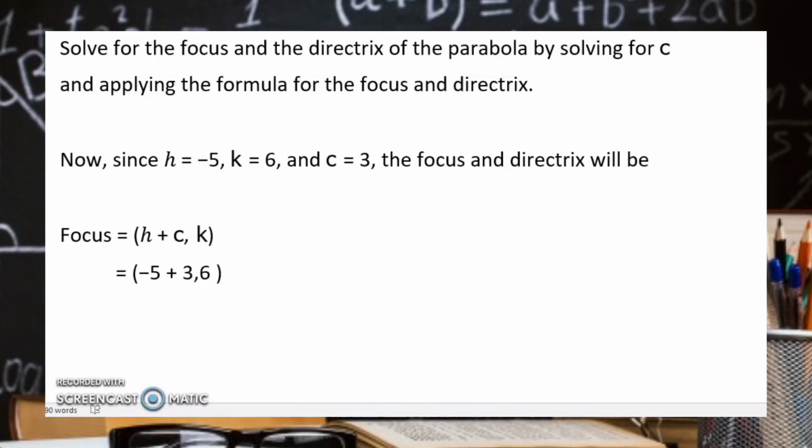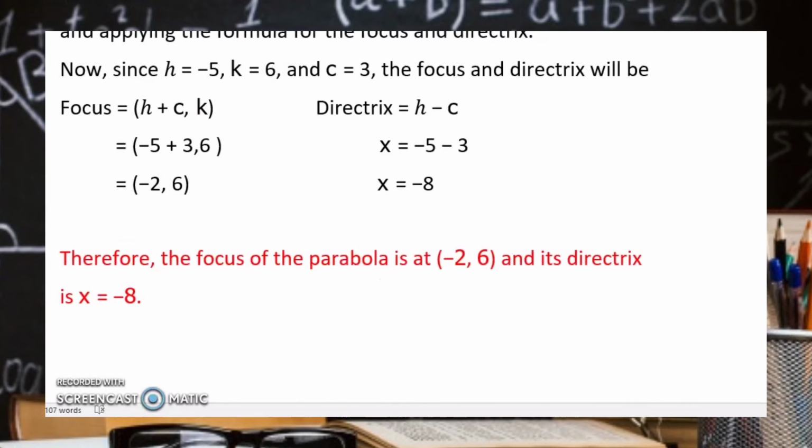So now, we solve for the focus. We substitute, it becomes negative 5 plus 3 and 6. So our focus is negative 2 and 6. For the directrix, it's x equals h minus c. So it becomes x equals negative 5 minus 3. So the directrix is x equals negative 8.